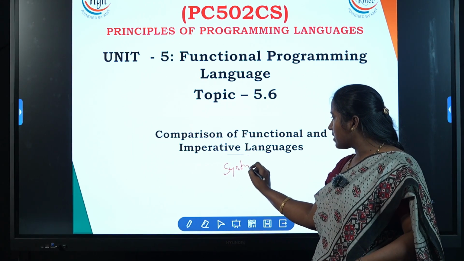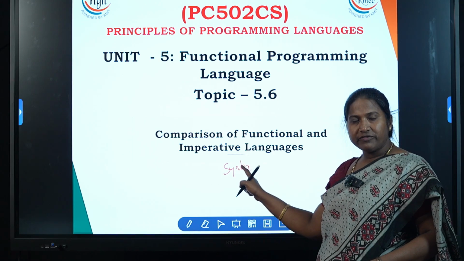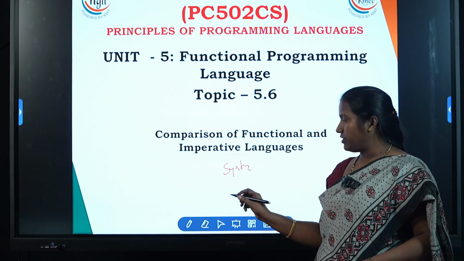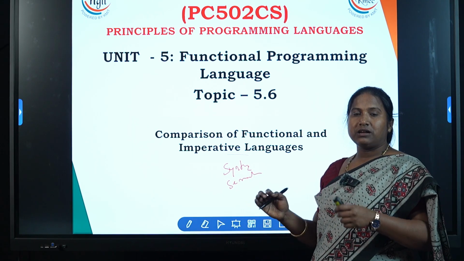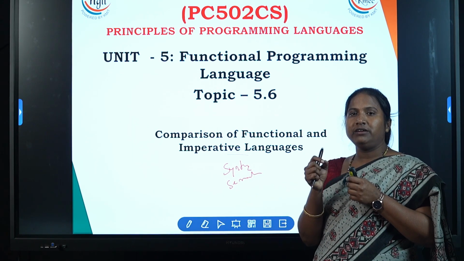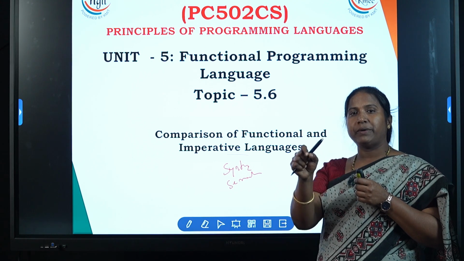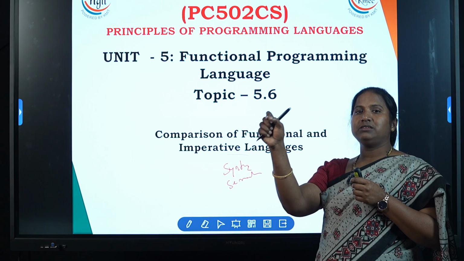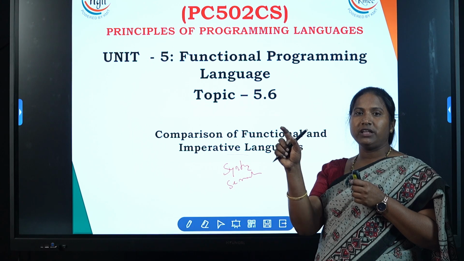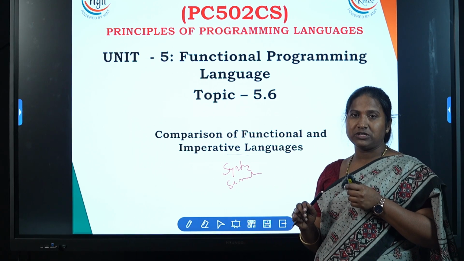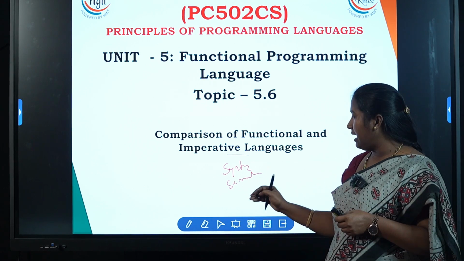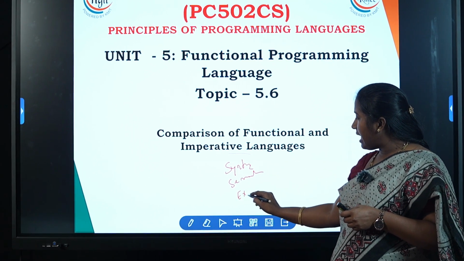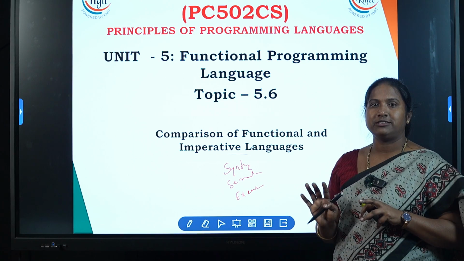We'll also compare semantic wise: the semantics of the instructions in an imperative language and the semantics of what we write in a functional programming language. And we'll also compare execution efficiency wise.